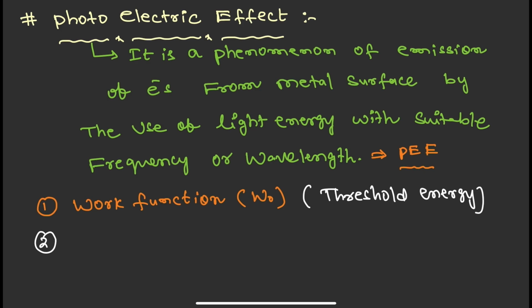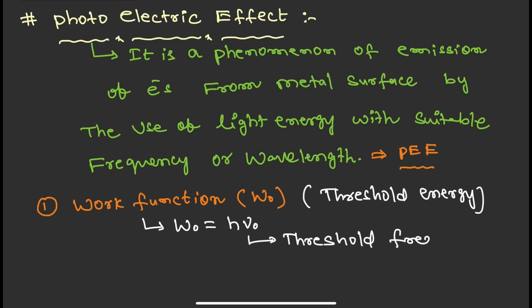First, the work function W naught is equal to h nu naught, where nu naught is the threshold frequency. We can also write W naught equals hc by lambda naught.